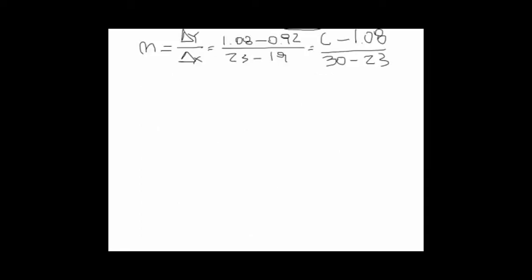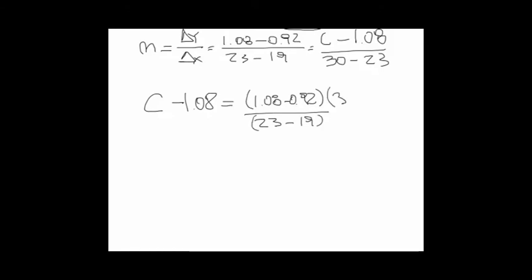Continuing with our calculation, C minus 1.08 is going to be equal to 1.08 minus 0.92 divided by 23 minus 19, and all of this multiplied by 30 minus 23.